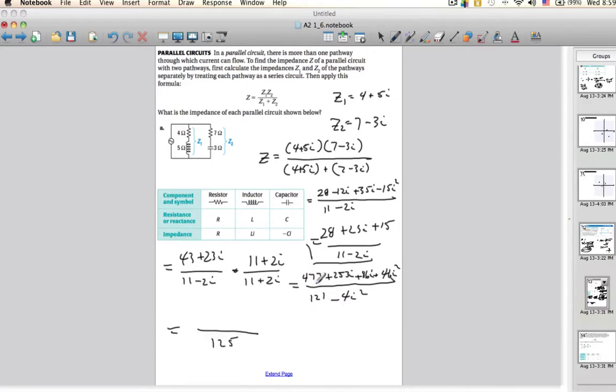Okay, up here, I'm going to have the 473 minus 46, so that's going to be 427. And then 253 plus 86 is 339i.